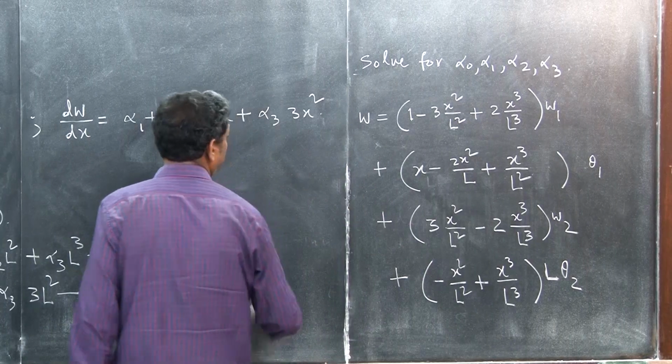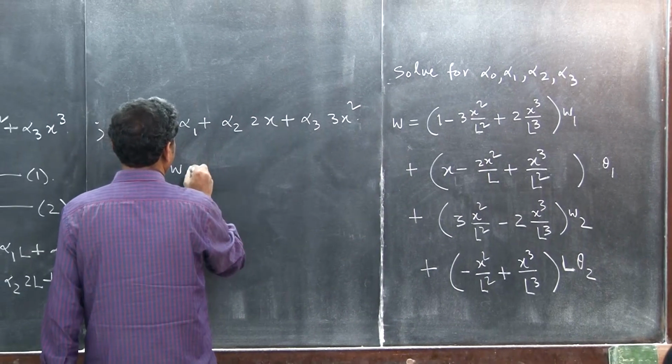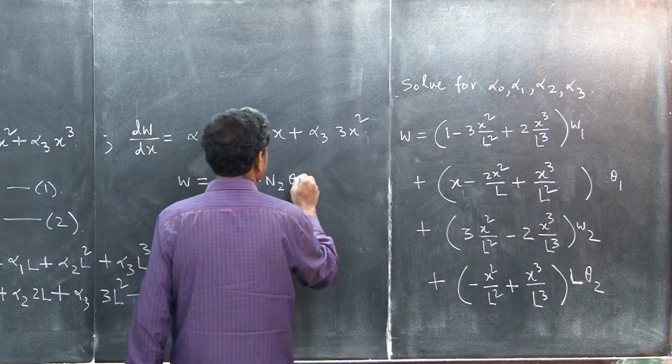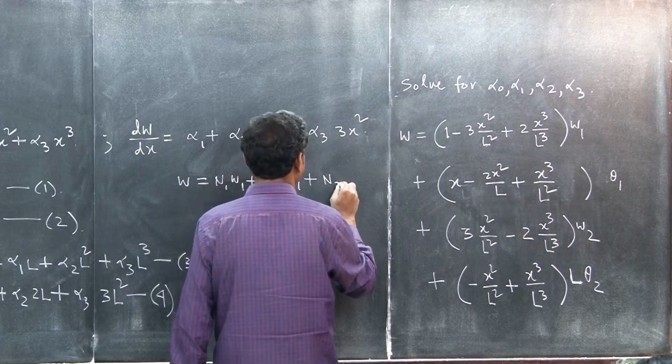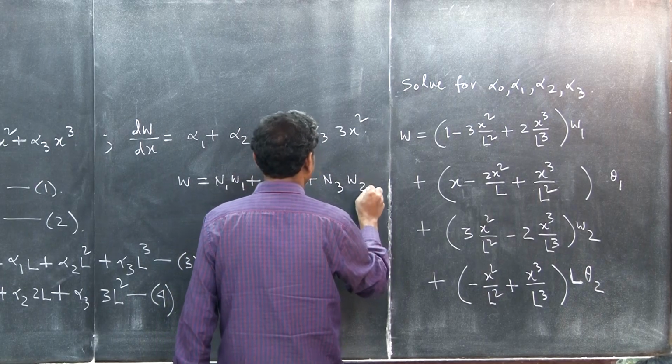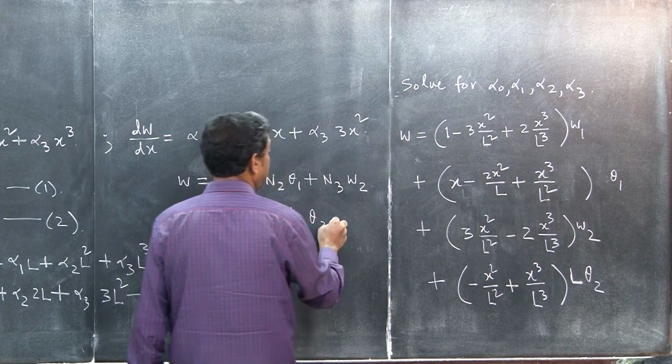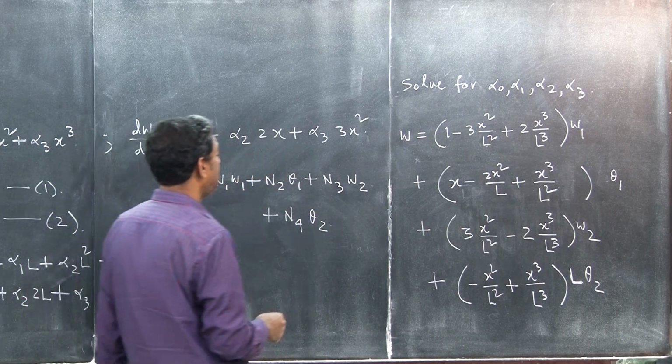Right. So, you see that we can write N1 W1 plus N2 theta 1 plus N3 W2 plus N4 theta 2, right? N1, N2, N3, N4.